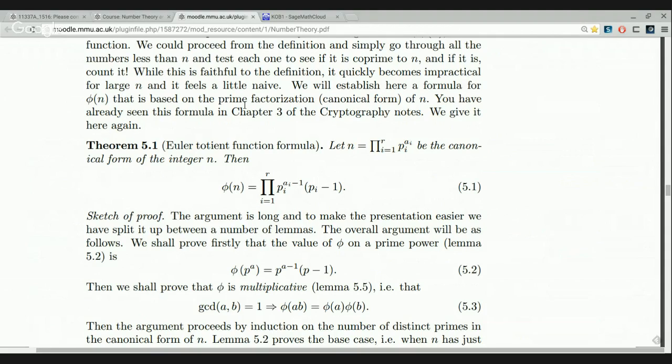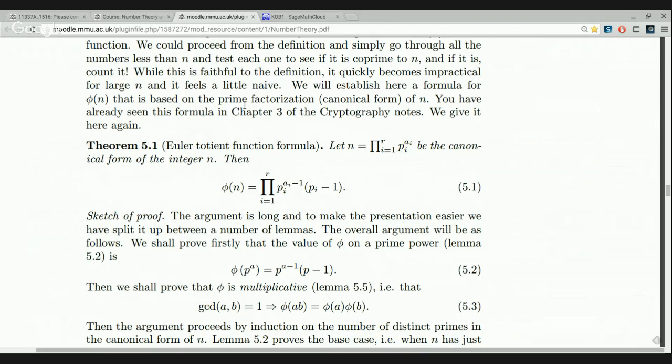You can recognize it: it's got the large pi sign, so it's a product of all these terms, with your index i ranging from 1 to r. The things in the factors that you're multiplying together are these p_i's and a_i's. What are they? They're the information in the prime factorization of n. Remember, we proved the fundamental theorem of arithmetic: every integer n has a prime factorization.